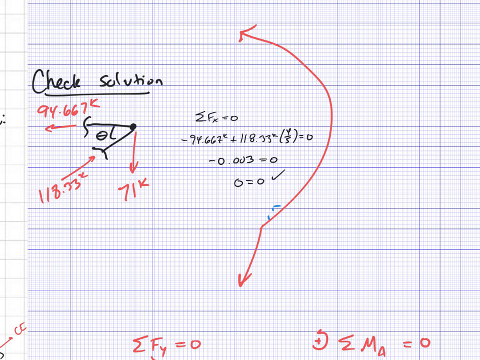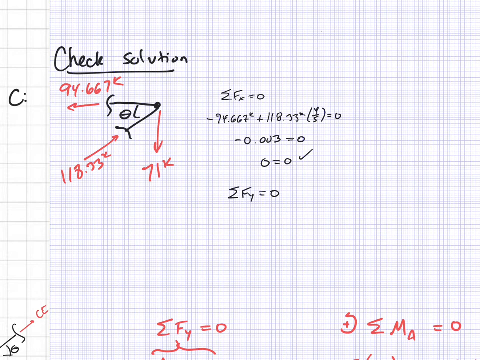So this is cool. Let me give myself a little bit more space over here. Then we'll check my Y forces. I've got 118.33 kips times the sine of that angle, which is 3/5, minus 71 kips equals 0.